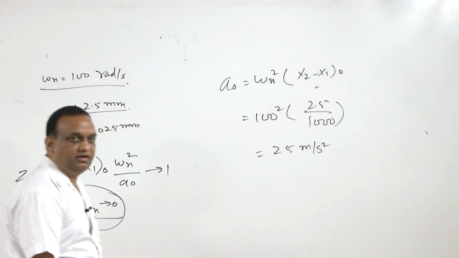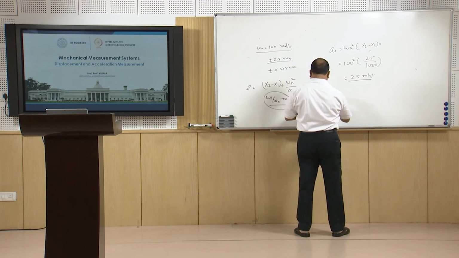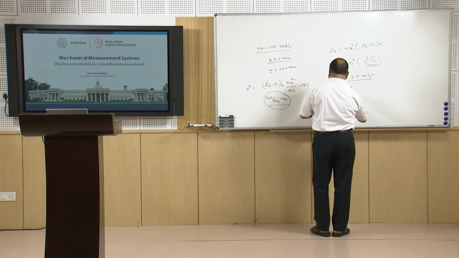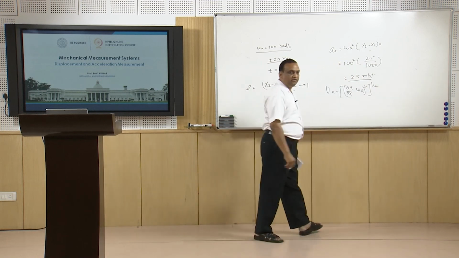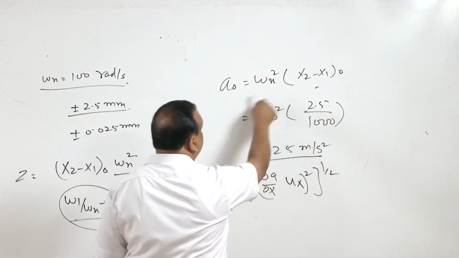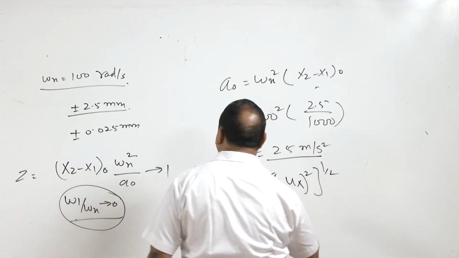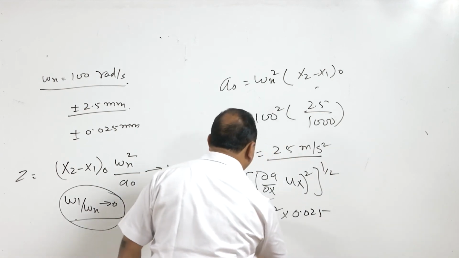The uncertainty in the measurement of A is equal to del A by del X times the uncertainty in the measurement of X, whole square, raised to power 1 by 2. Del A by del X is omega n square, that is 100 square, and the uncertainty in the measurement of X is 0.025.